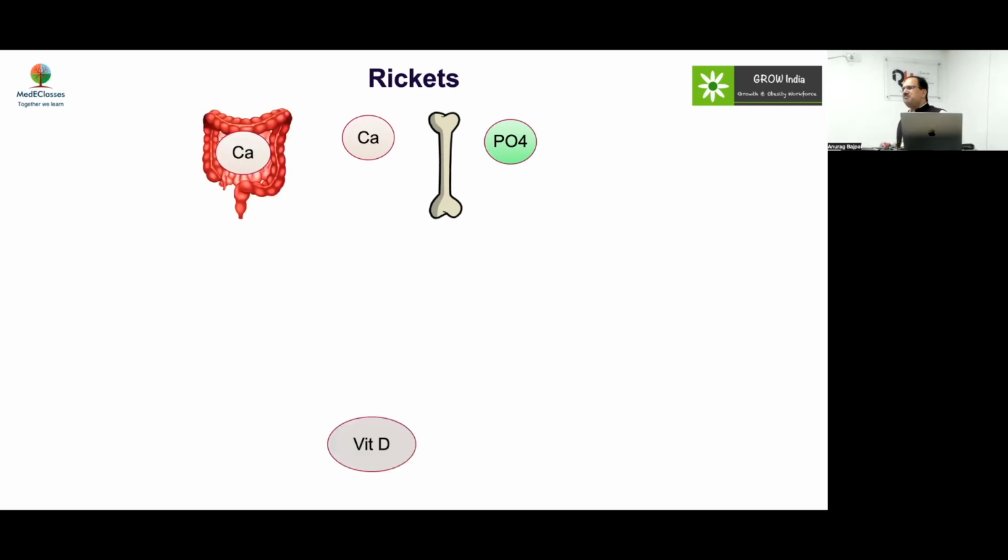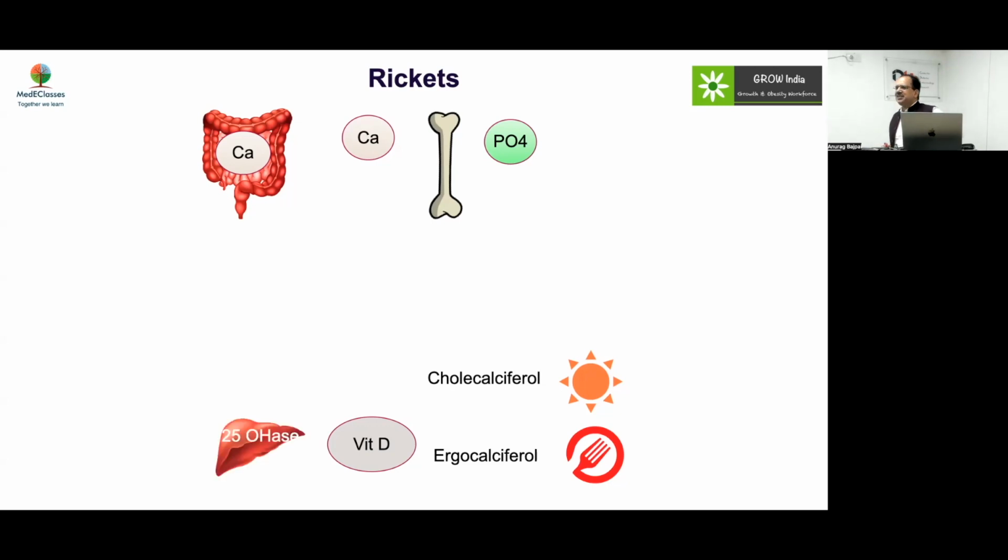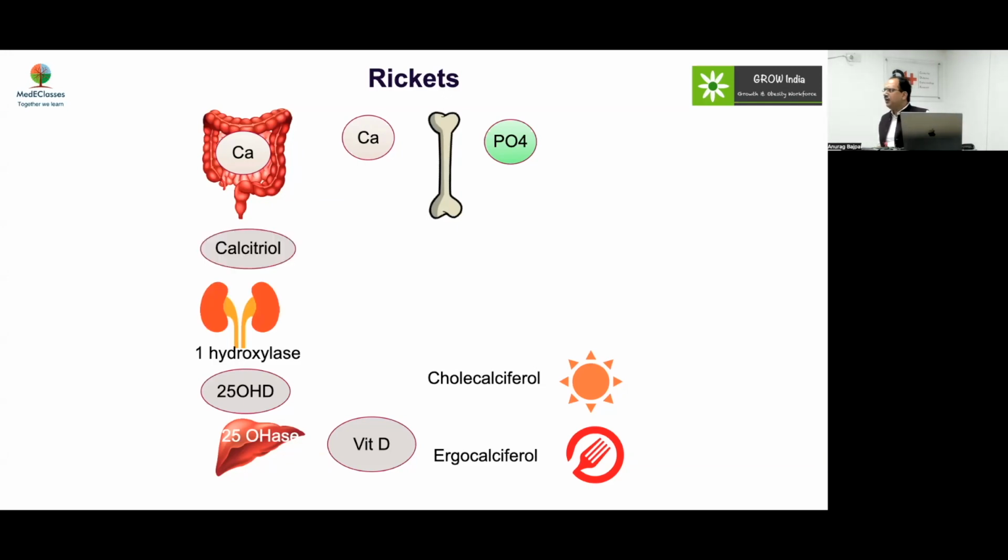We know that the major regulator of serum calcium is the vitamin D axis. Vitamin D, which is produced either under exposure to the sun or 5% from plant sources, is then activated by the liver to 25-hydroxyvitamin D, which is further activated via 1-alpha hydroxylase into calcitriol. This calcitriol then increases the absorption of calcium from 25% to 40%.